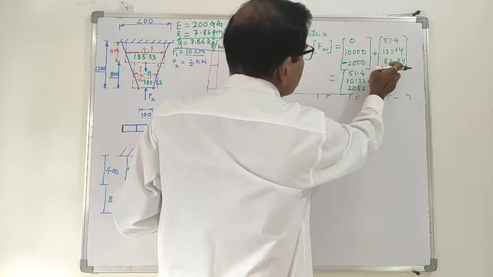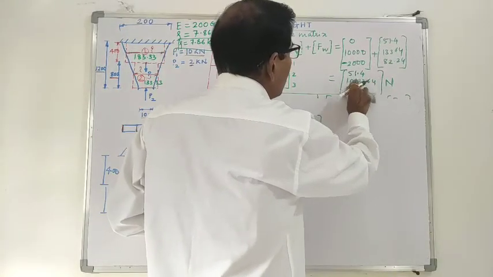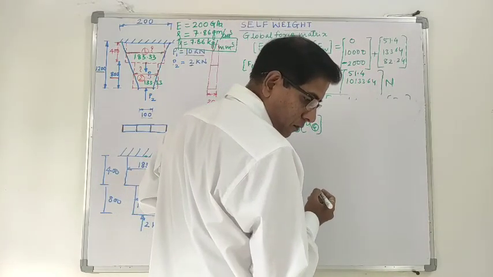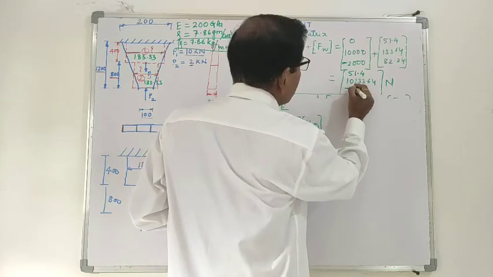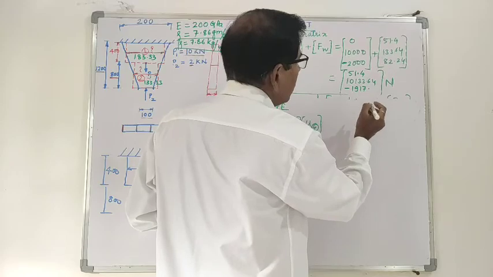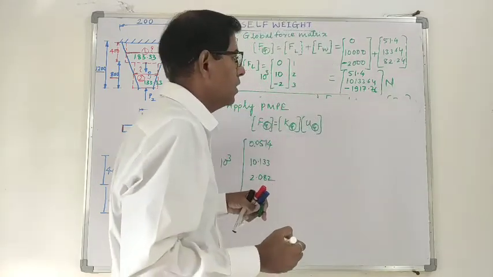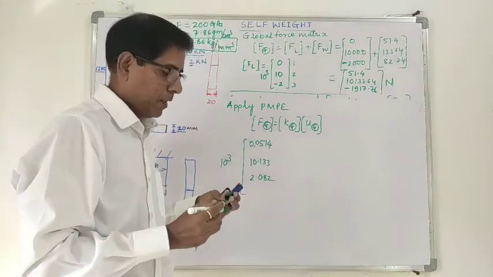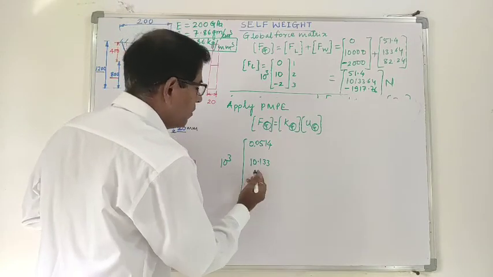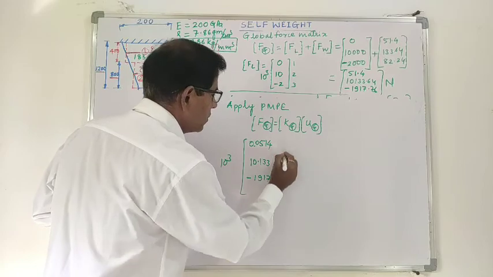So this is negative, this is positive. So the negative positive value comes out to be minus 1917.76. So here also it will be minus 1917.76.